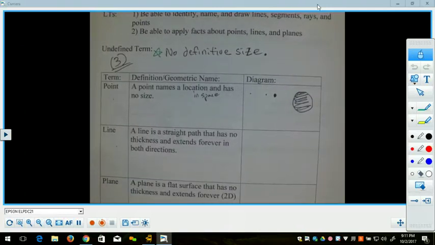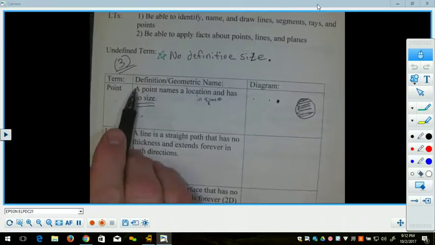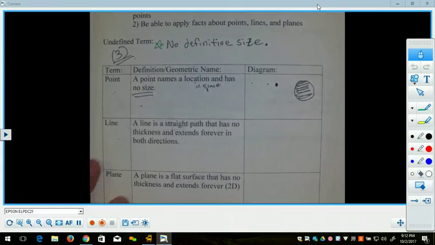It actually could be as large as Commerce, Michigan itself, marking a point on the map on Earth from space. So a point is a point, which is absurd to use in its own definition, but it's used to name a location in space, and it has no definitive size. That's why it's an undefined term.